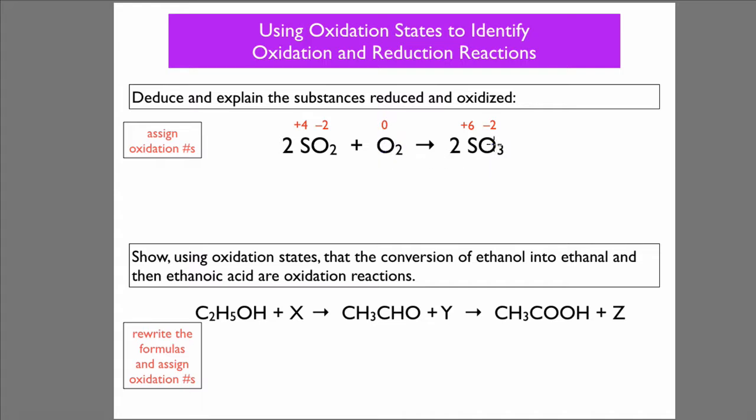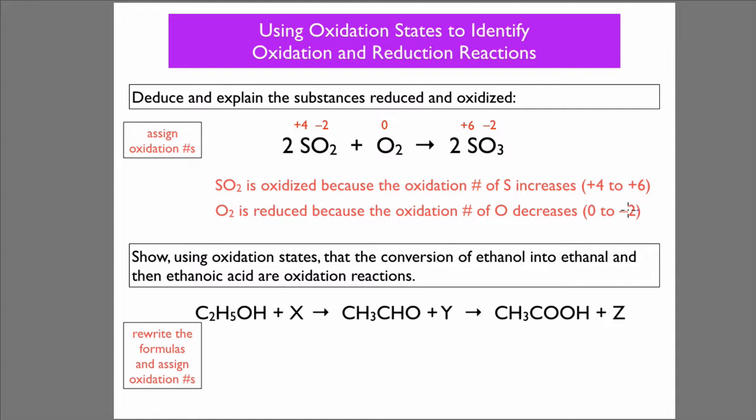And then we've got minus 2 oxygens, 3 of them. We know this from one of the rules. So we can calculate the sulfur is plus 6. So sulfur dioxide is oxidized because the oxidation number of sulfur increases from plus 4 to plus 6. The oxygen is reduced because the oxidation number of oxygen decreases from 0 to minus 2.